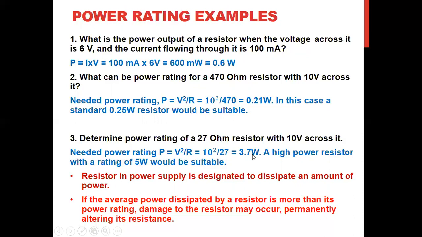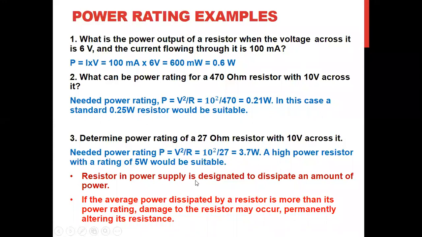And if the rating is 6 or a little bit less than 6, there may be damage to the circuit or the resistance. It may be affected. So the suitable one is 5 watt.